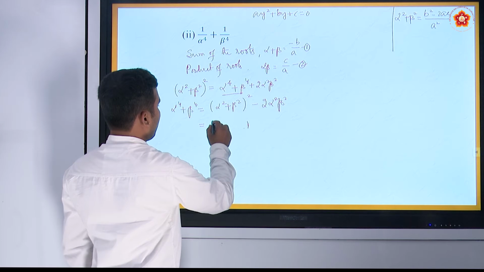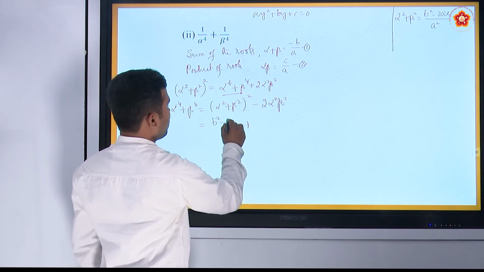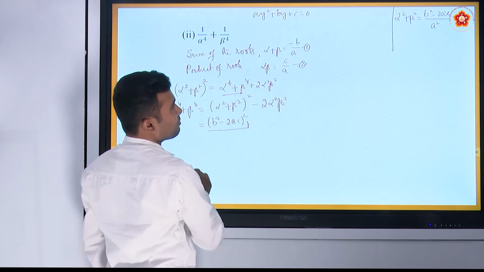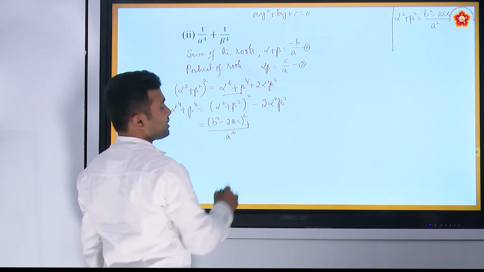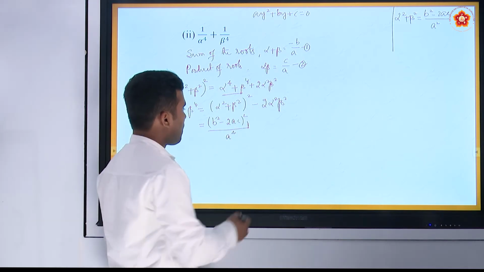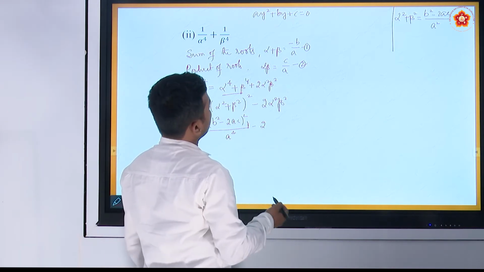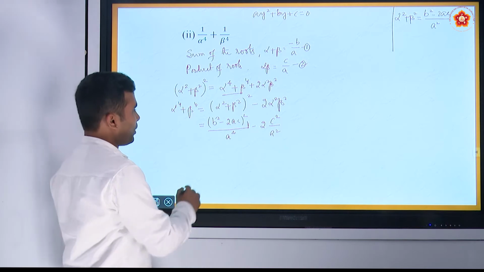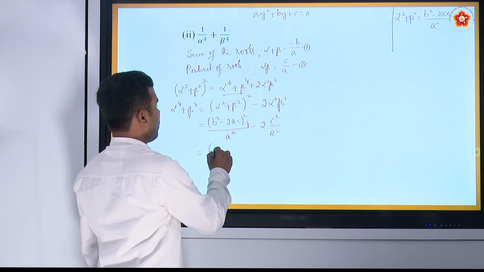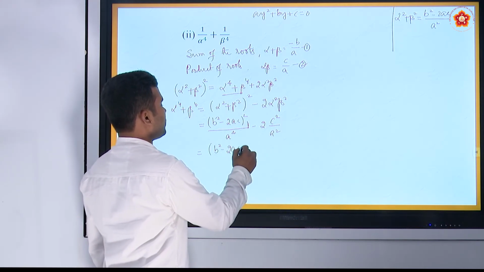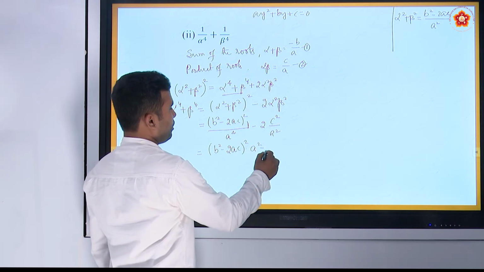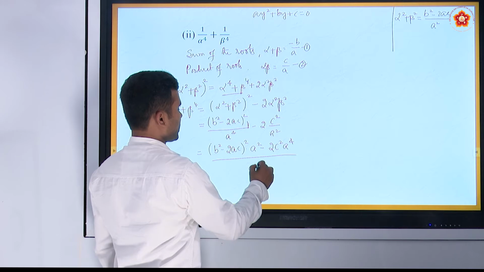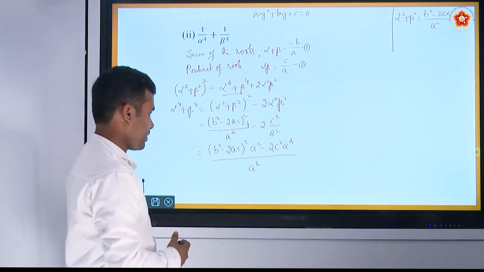So it will be b square minus 2ac whole square divided by a power 4, as a square whole square is a power 4, minus 2, what is alpha square beta square? c square by a square. Now simplify this, which is equal to b square minus 2ac whole square into a square minus 2c square, a power 4, divided by a power 6, as a power 4 into a square is a power 6.